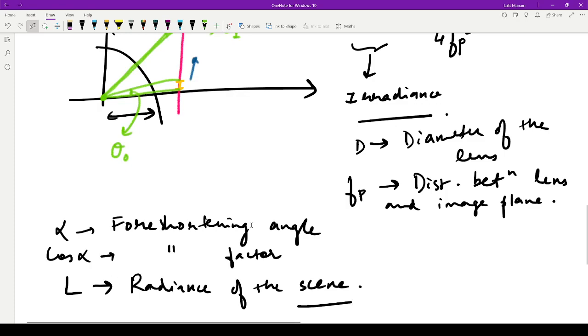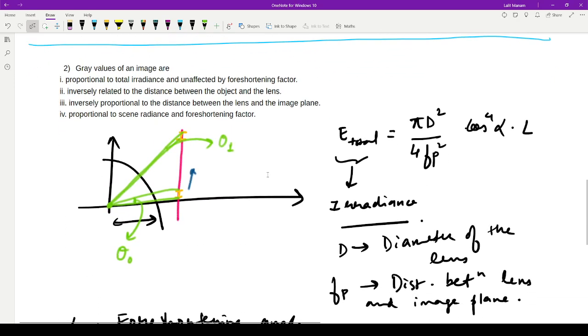So given now you know all these different parameters, I think it's easy to realize what the correct options are. It's inversely proportional to the distance between the lens and image plane.